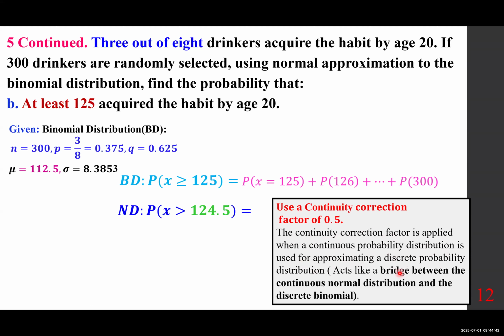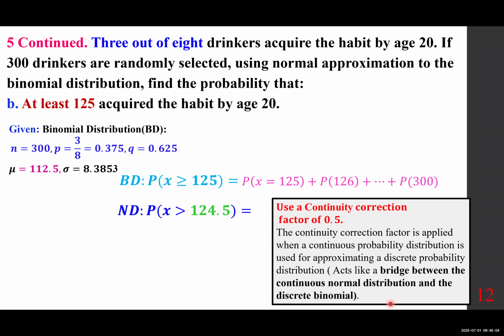It acts like a bridge between the continuous normal distribution and discrete binomial. And again, just to make sure we understand what's going on here, especially if you go to the previous part, part A, the probability of a single value is 0 when it comes to normal distribution.